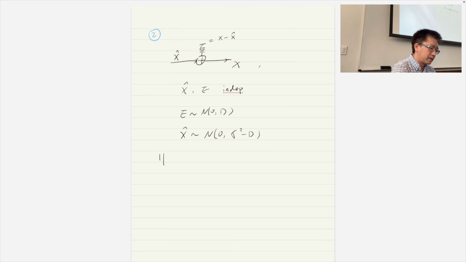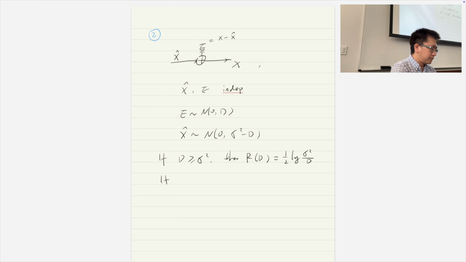So when d is less than or equal to sigma square, then R(d) will be equal to half log sigma square over d, right?